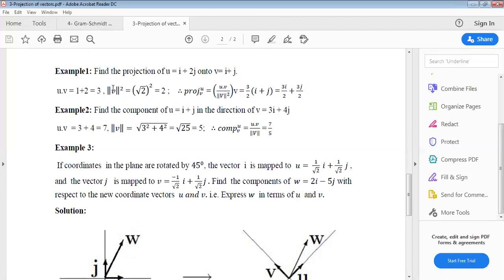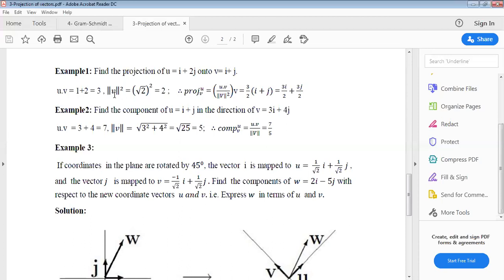So first calculate u dot v. The dot product of these two vectors: i dot i is 1, plus 2 into 1, j dot j is 1, 2 into 1, that is 2. So u dot v is equal to 1 plus 2, that is equal to 3.